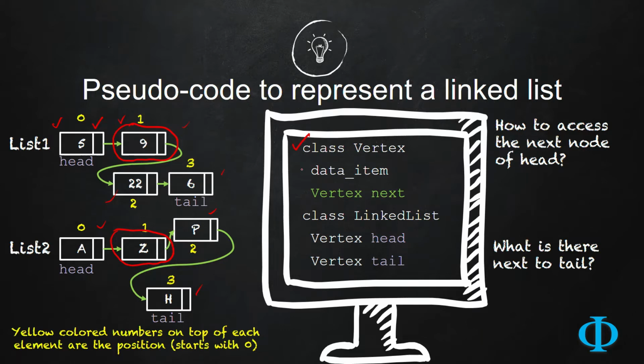The first part is a data item. Now, this data item can be anything. It can be an integer, it can be a character, it can be a floating point number, or any type of data.